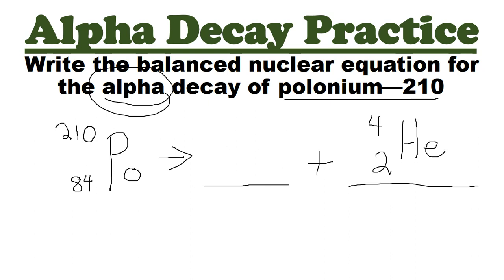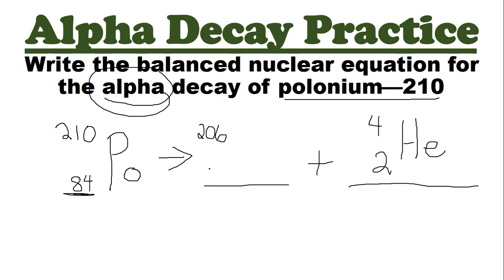The next one, we know that it's an alpha particle that came out, means it's an alpha decay. That means the mass number is going to decrease by 4. So 210 minus 4 is 206. And then the bottom number is the atomic number. Since it's alpha decay, we know that the bottom number is going to decrease by 2.